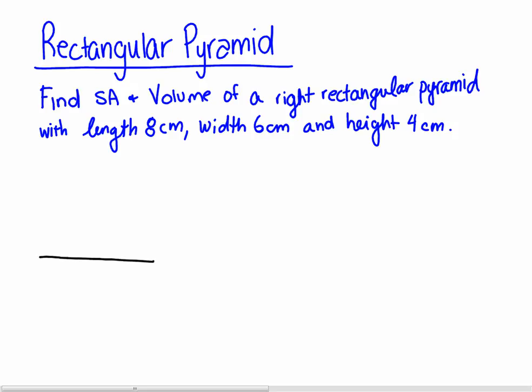So you're going to try and draw yourself a rectangular pyramid. Hopefully you can do better than I can. Oh, that's so bad. Let's try that again. Wonder if I could cheat.